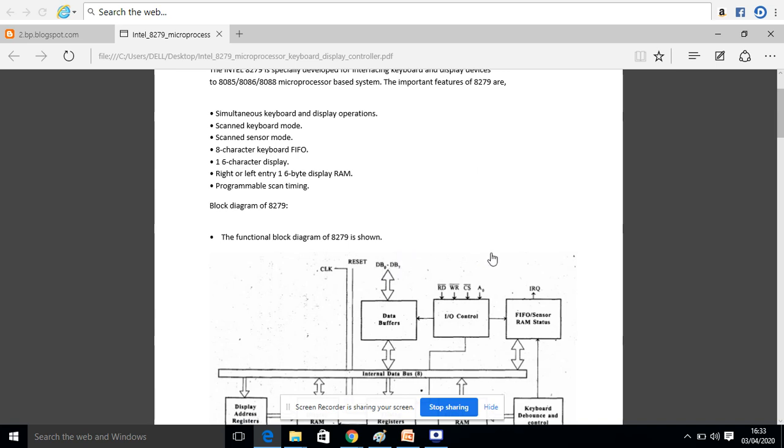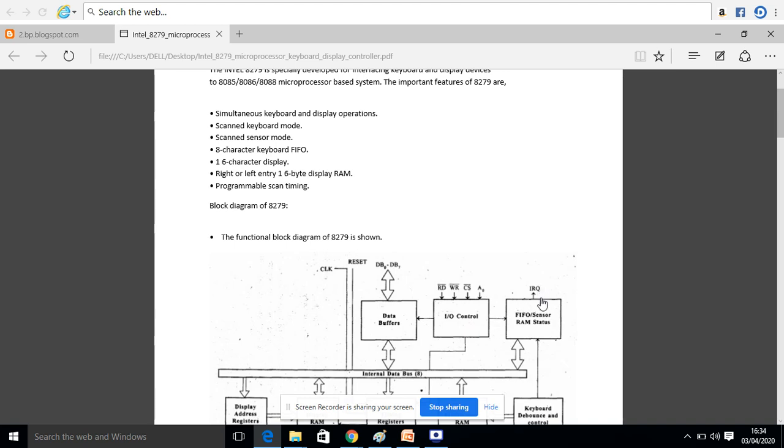One section will be connected to the 8085 microprocessor, or 8086, or 8088. Here the data buffer is used for buffering of the data that comes from the microprocessor and goes to the microprocessor. And these are the read, write, and chip selection signals, which are used by the control unit of the microprocessor.